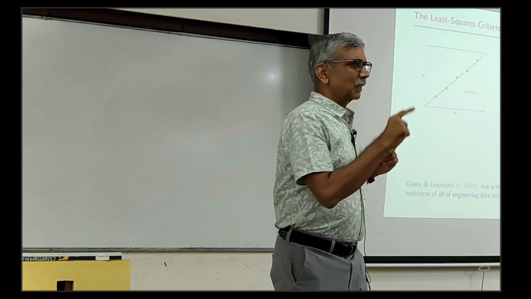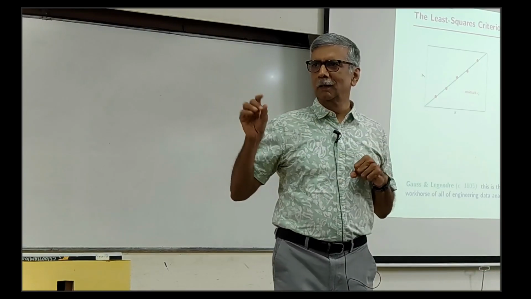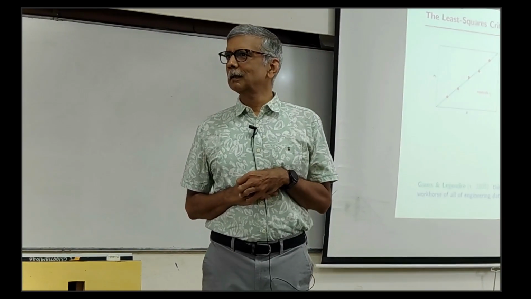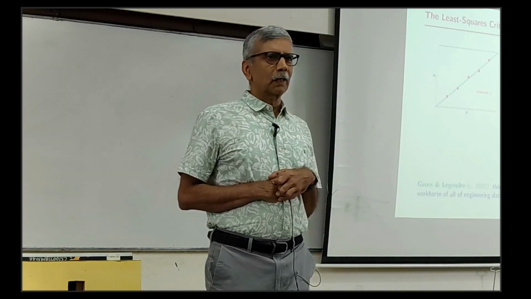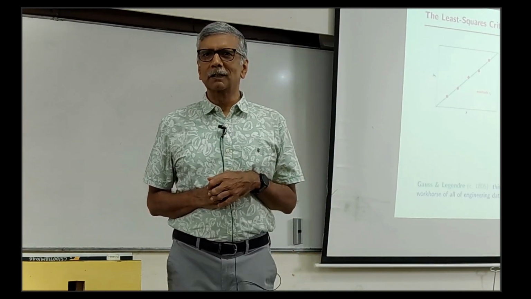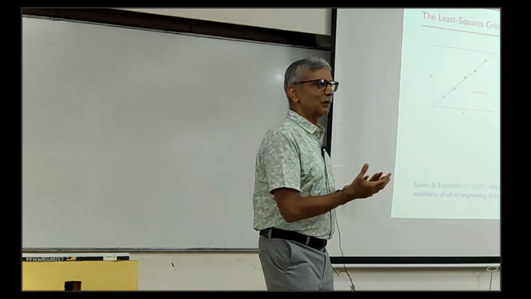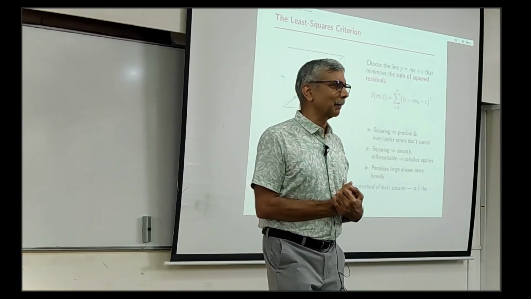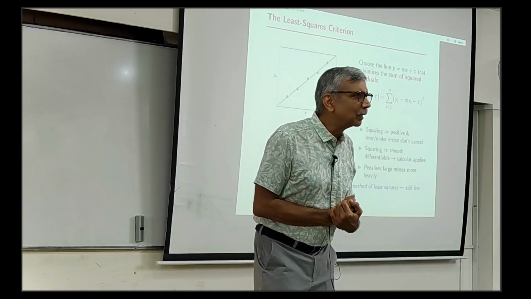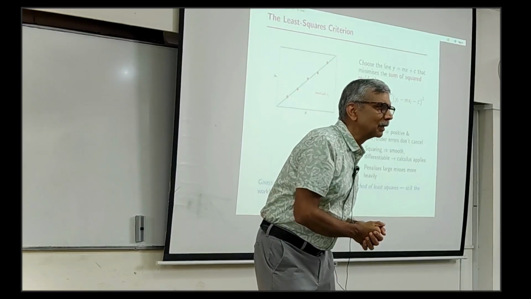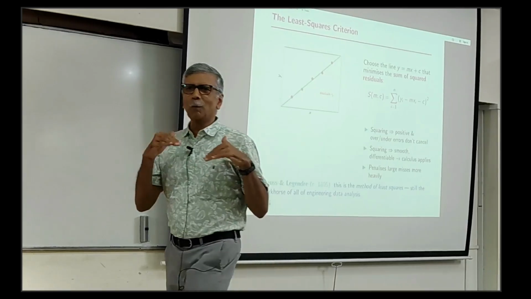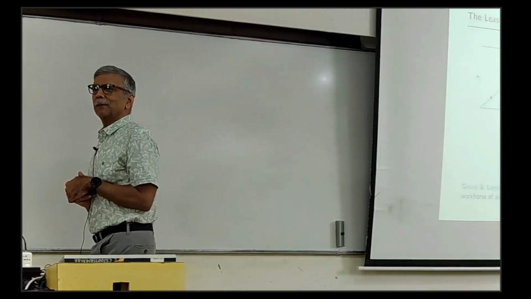Anybody else can complete this? Anybody else who can complete? He says take the derivative. That's right. But then do what? Yes? Right. The slope of that should become 0, right?